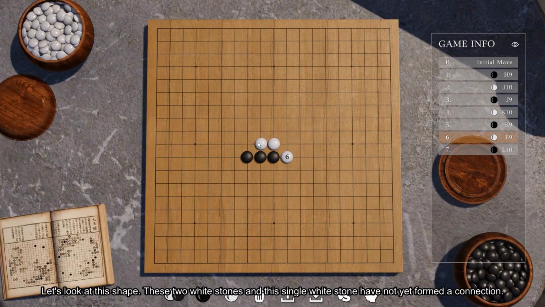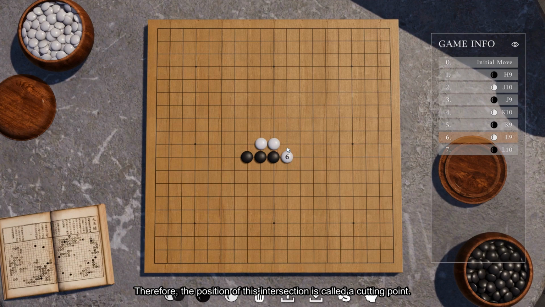Let's look at this shape, these two white stones, and this single white stone have not yet formed a connection. Therefore, the position of this intersection is called a cutting point. And when black plays at this position, it is called a diagonal cut.